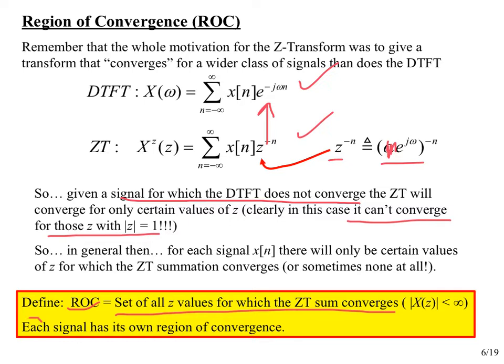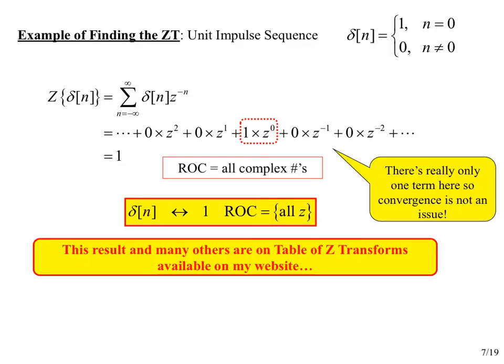I'm just pointing out again that each signal has its own region of convergence. It's not like there's one and only one region of convergence. Here's signal 1, here's its Z transform, which is valid on this region of convergence. That's the kind of scenario we're talking about.